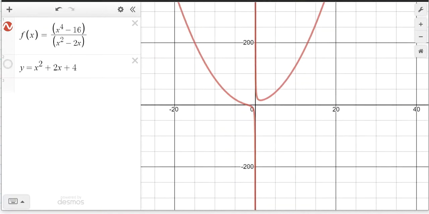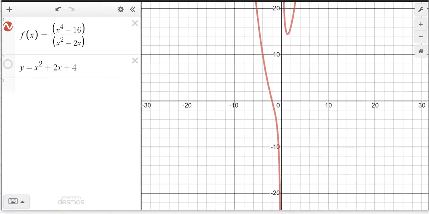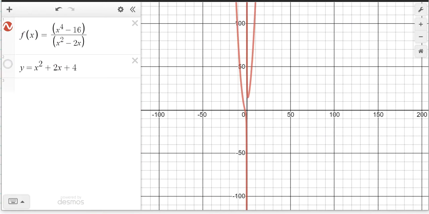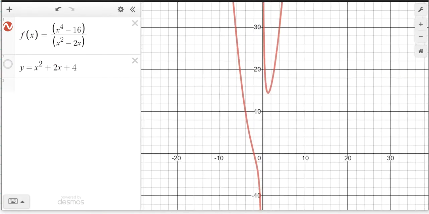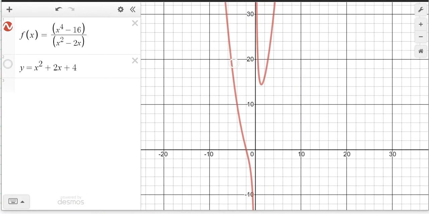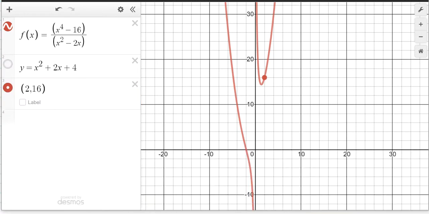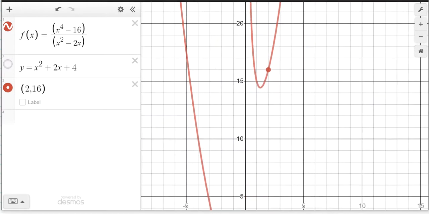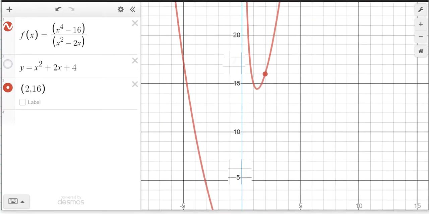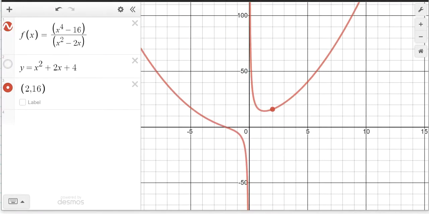So there's that unusual shape that we were talking about, how the left side tail seems to be diving down and approaching that vertical asymptote, and the right side tail had to turn up and away. We thought that there was a hole located at 2, 16, so it does look like there is a point there. It does fit on the graph, and so that, along with our other test points, did generate this shape.